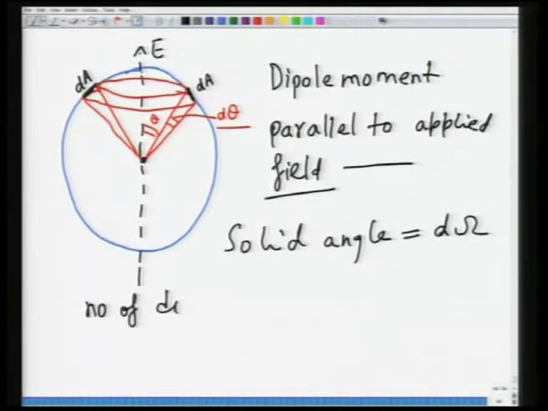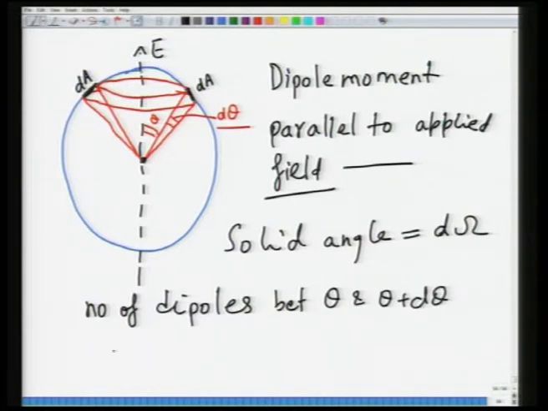The number of dipoles between theta and theta plus d theta will be equal to n(u theta), which we calculated using Boltzmann statistics at any given theta, multiplied by d omega, where d omega is the solid angle.